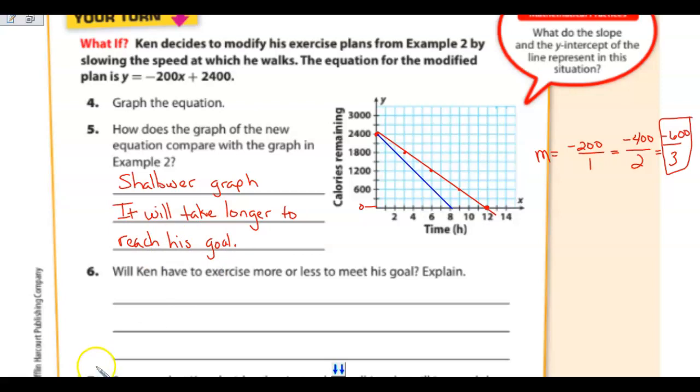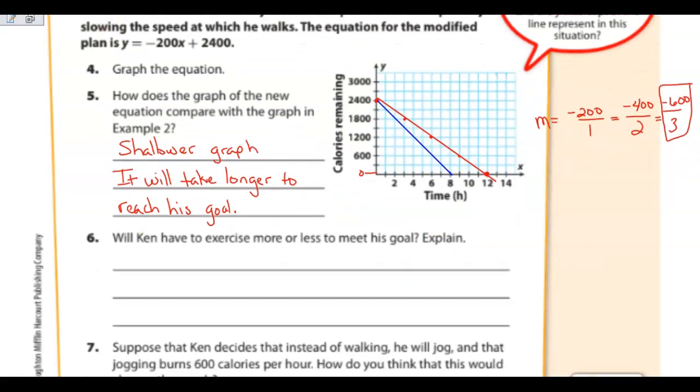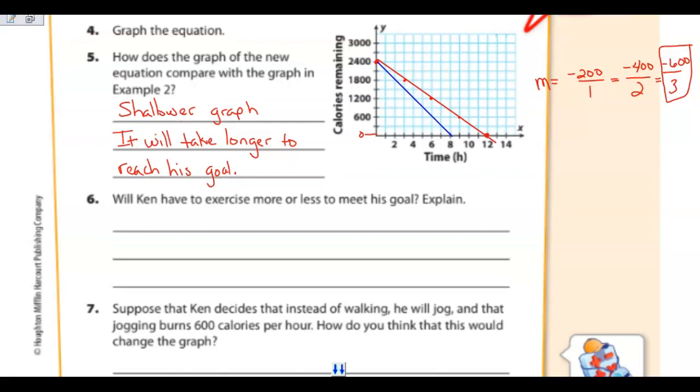Will Ken have to exercise more or less to meet his goal? Okay. Suppose Ken decides instead of walking, he's going to jog, and that means he's going to be burning 600 calories per hour. How do you think this will change the graph?